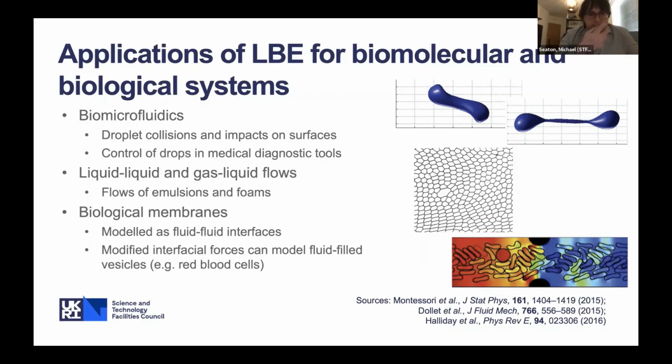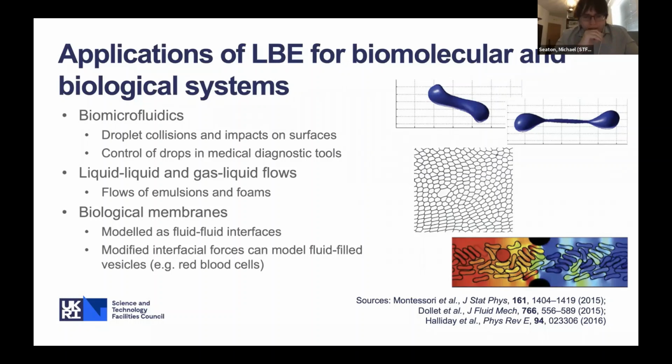There are also various liquid and gas-liquid flows that we can look at, and I've got an example here of a flow of a foam going from left to right here. And then we can also use our multiple fluid algorithms and consider the interfaces between fluids as biological membranes.